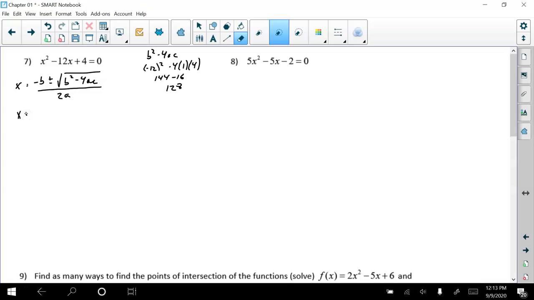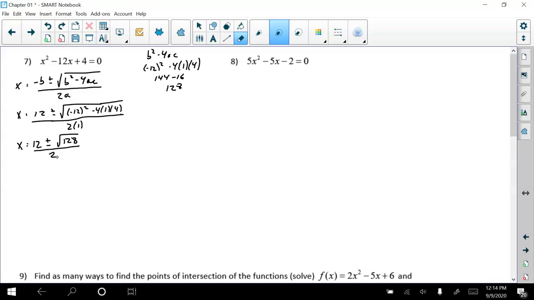So the opposite of b, the opposite of negative 12, is 12 plus or minus the square root, negative 12 squared minus 4 times 1 times 4, all divided by 2 times a, which is 1. So we get x equals 12 plus or minus. Now I already found b squared minus 4ac, so I can just put the square root of 128, all divided by 2.